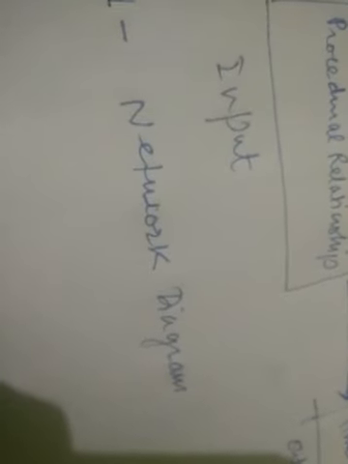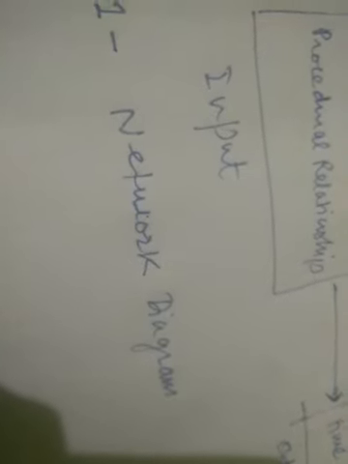The information required is the activities and their procedural relationship, that after this activity this activity will come, after this activity that activity will come. In that way a flow chart is made, and that flow chart is known as a network diagram. With the help of some rules, we construct this network diagram.